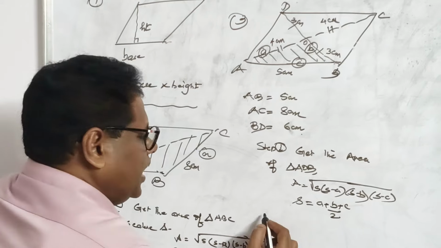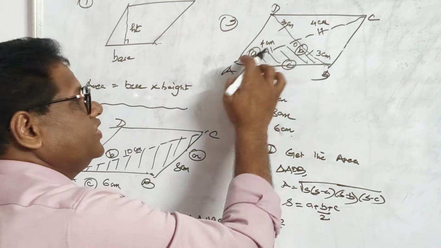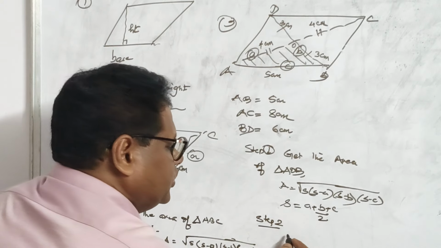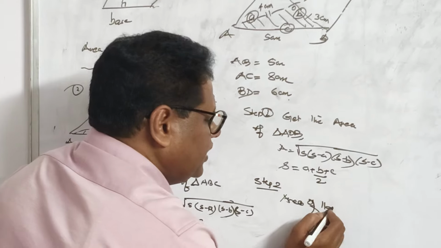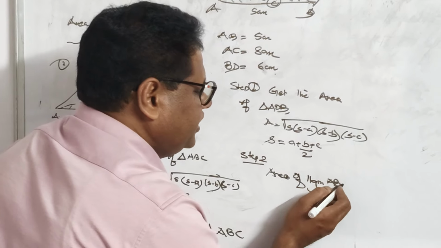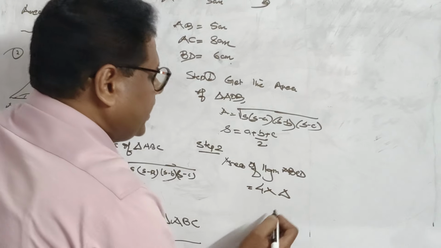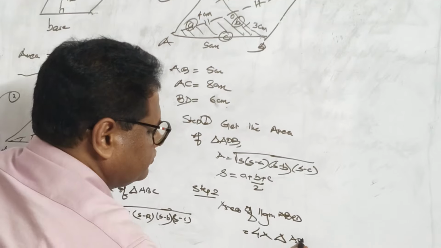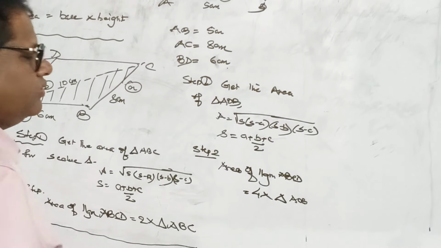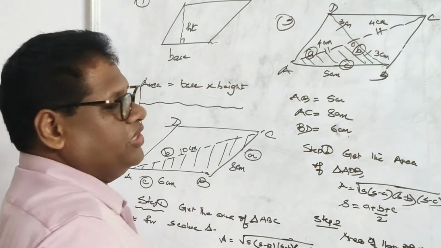After finding the area of this triangle, step 2, area of parallelogram ABCD is equal to 4 into triangle AOB. That means you are going to multiply 4 with this triangle AOB.